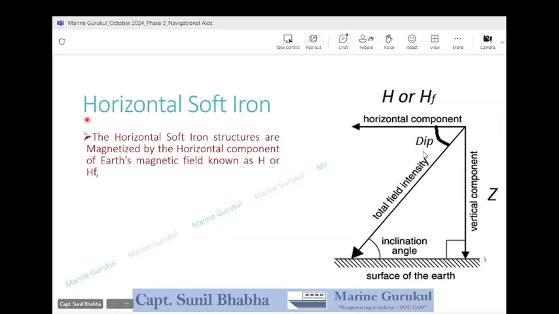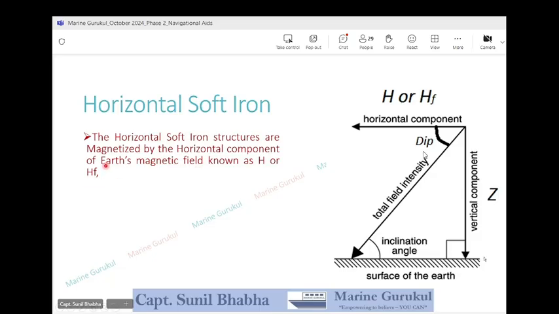Now, if you consider a horizontal soft iron, as I told you, a horizontal soft iron could be a fore and aft longitudinal or an athwart ship beam. The horizontal soft iron structures on board are magnetized by the horizontal component of the Earth's magnetic field, known as H or HF.